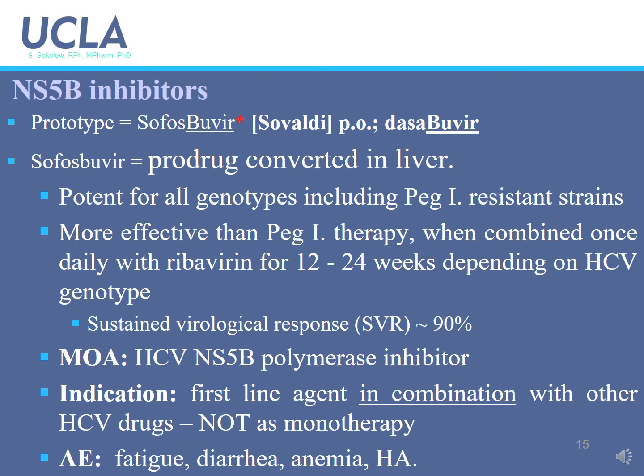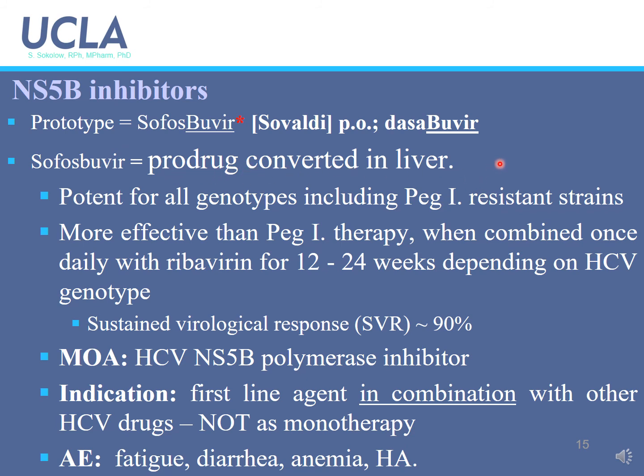And then the last class are the NS5B inhibitors with the prototype sofosbuvir, which is also an oral drug. And then you have dasabuvir, again, I underline the common ending, and B, you have the B for NS5B. This is a prodrug that is converted in the liver.